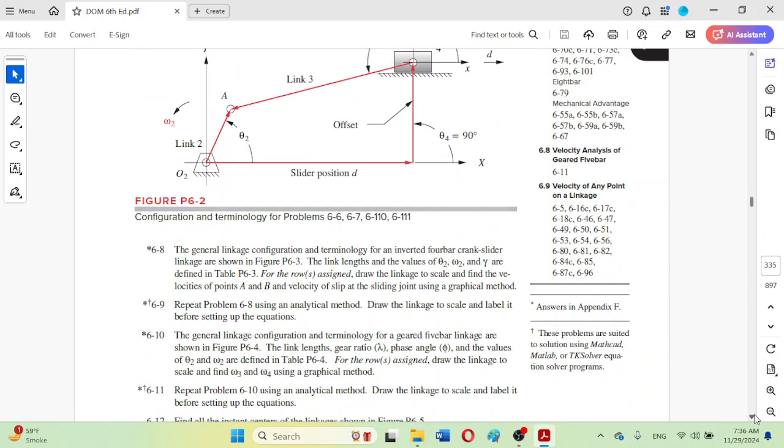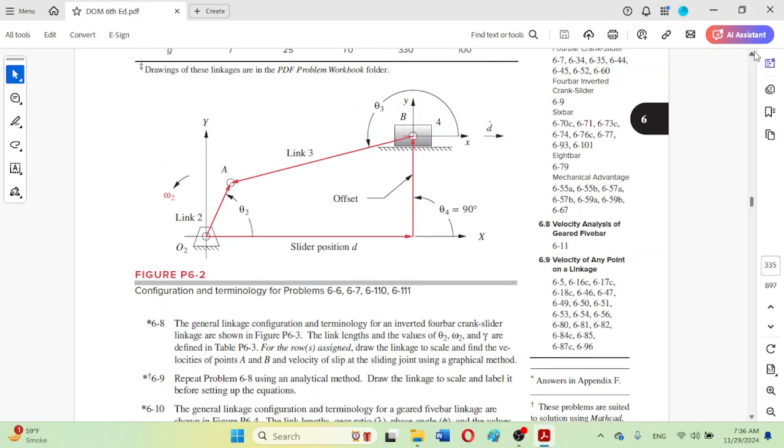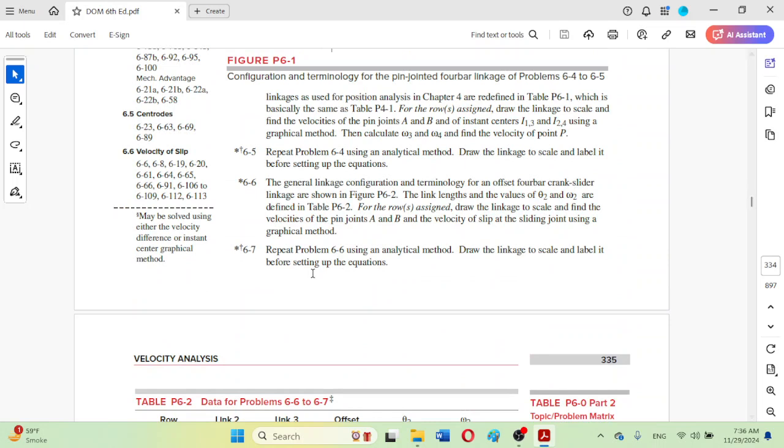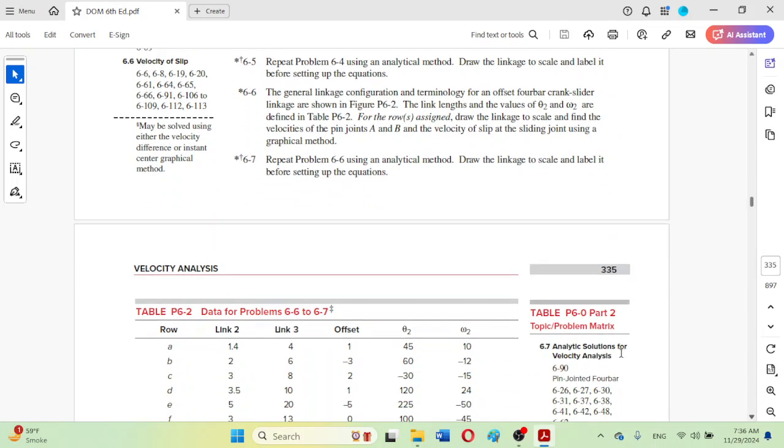So in problem number 6-7, that states that the analytical method has been solved in chapter number 4 and chapter number 6. So analytical formulas have already been applied, so that is not required.